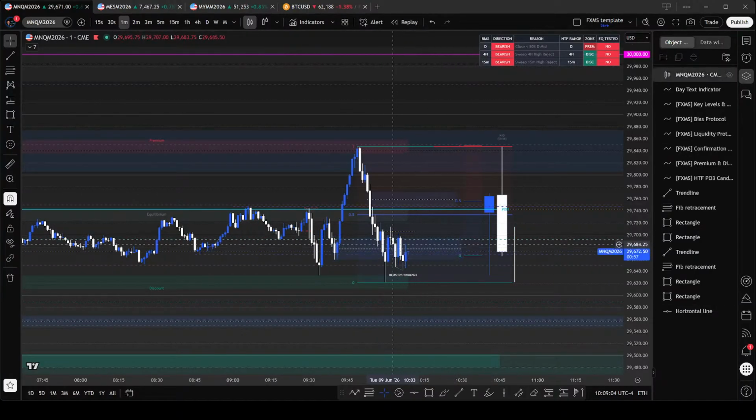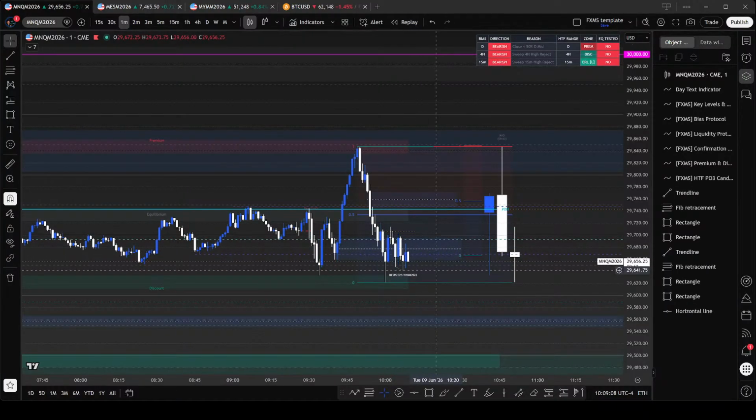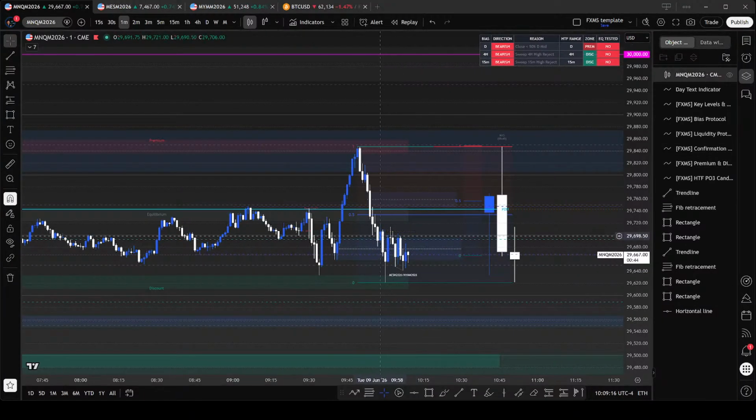Nothing really confirmed unless we get some sort of change of character, which we don't see at all. To me, this is just retesting the bearish OBs and continuing lower. Right, OB here, retest, go lower, OB here, retest, go lower, OB here, retest, go lower.